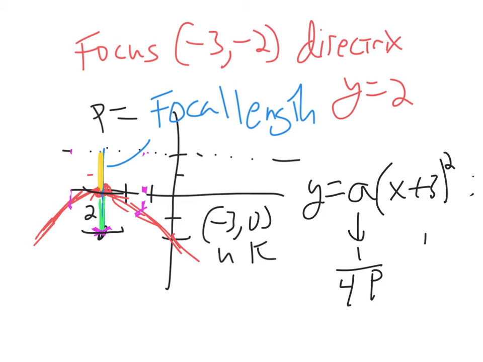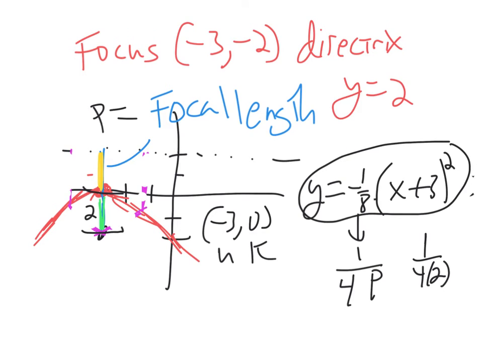We're going to write 1/4 times 2, or 1/8, will be a, and because this parabola opens down, I know it has to be -1/8. So that's the equation of the parabola that has those qualifications. Okay, that easy. You don't have to use that distance formula. Let's go try another one.